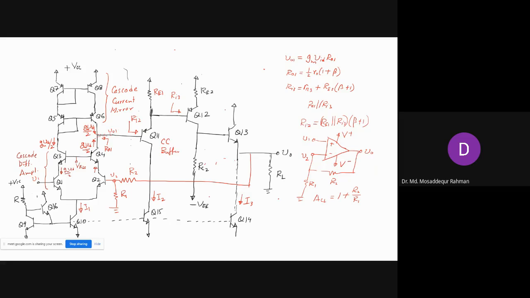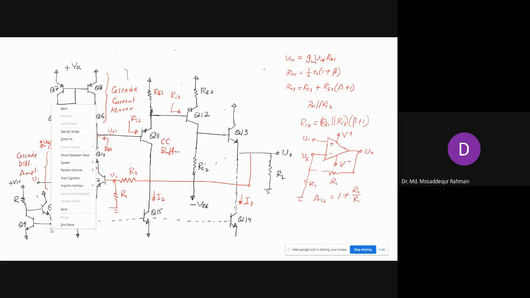The other way is we can introduce emitter resistance and use different values for the emitter resistances to have different amounts of current. We discussed that in one of the previous lectures, how we can have different amounts of current by using different emitter resistances.